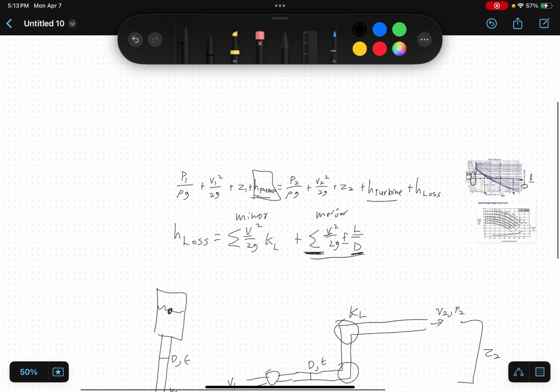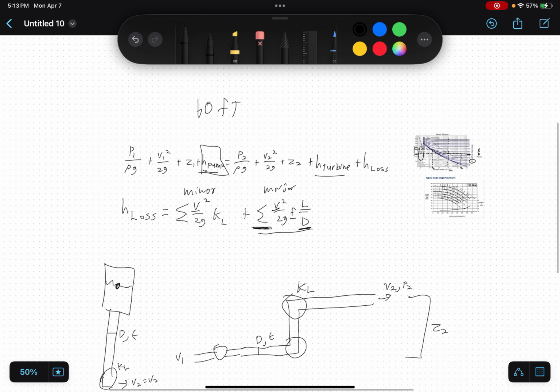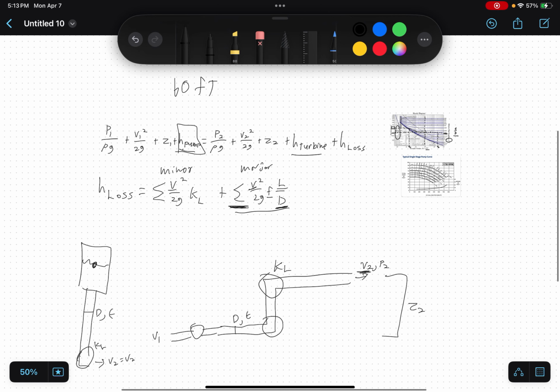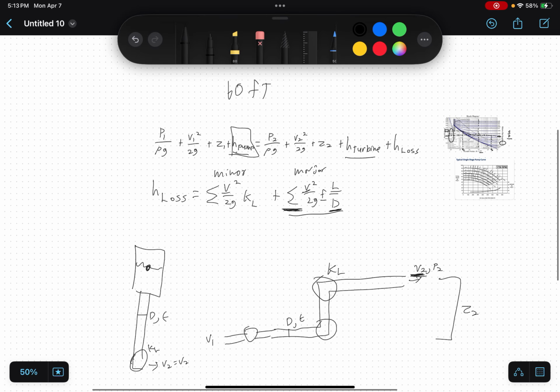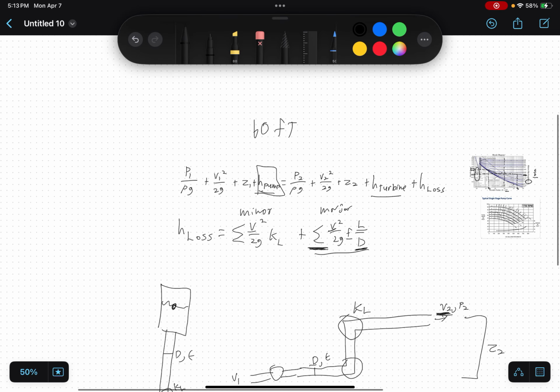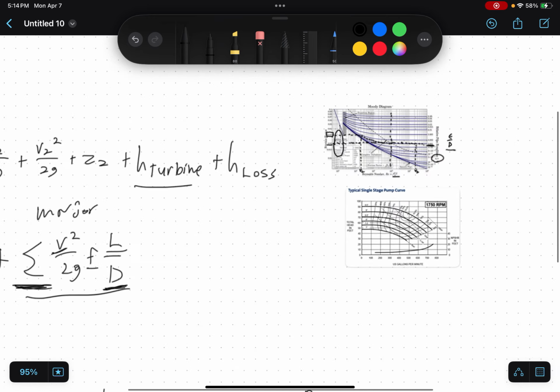Like, let's say it's, I don't know, what's a good number? Let's say it's 60 feet. I hate that they use feet, but they do. But you get, let's say you get 60 feet, and you get that the V2 is some number that when you combine it with the diameter to get the volumetric flow, volumetric flow is Q, you get, what's a good number?